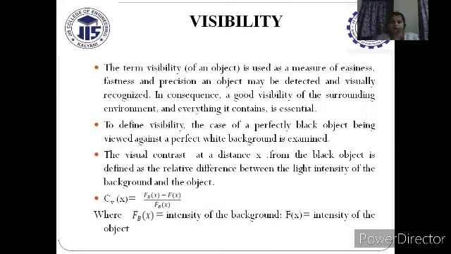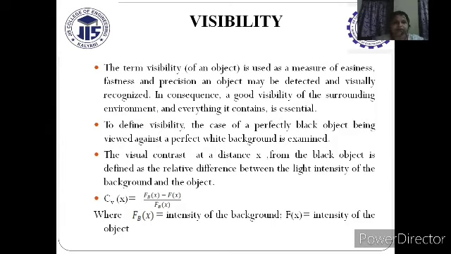Next, visibility. The term visibility of an object is used as a measure of fastness and precision. An object may be detected and also recognized. To define visibility, the case of a perfectly black object being viewed against a perfect white background is examined.